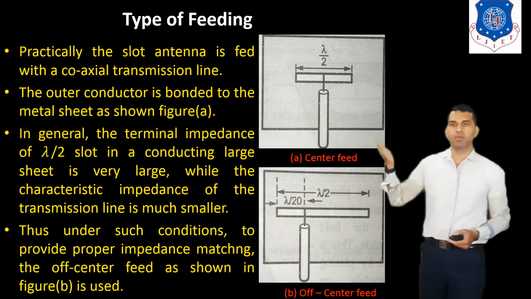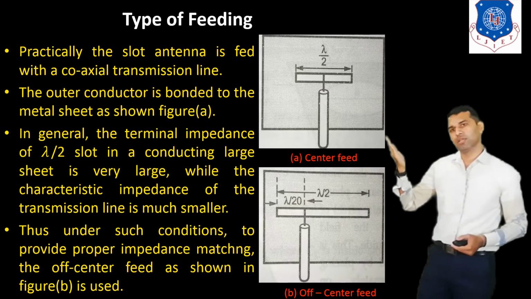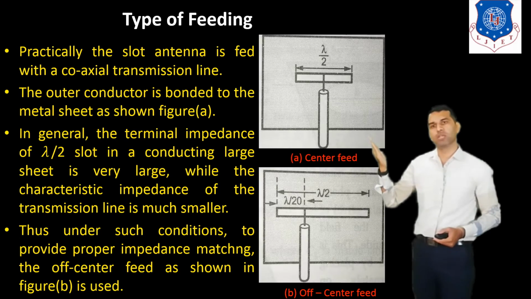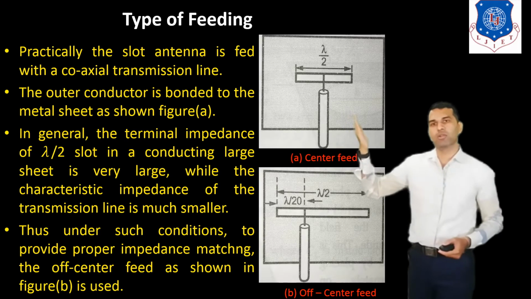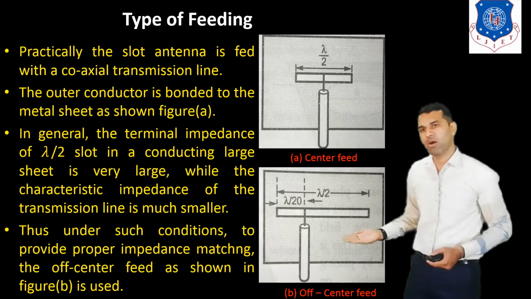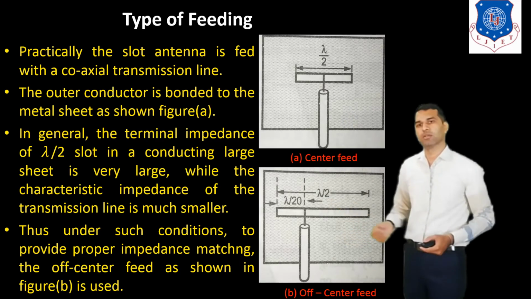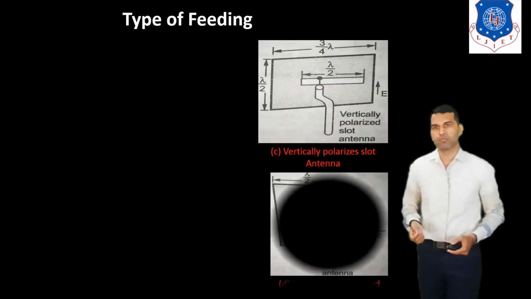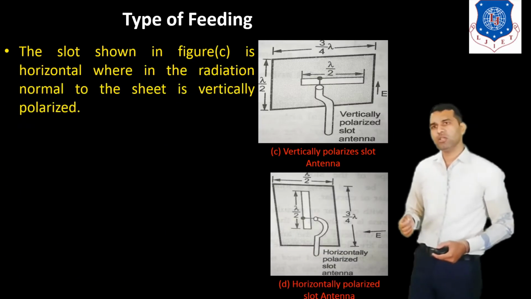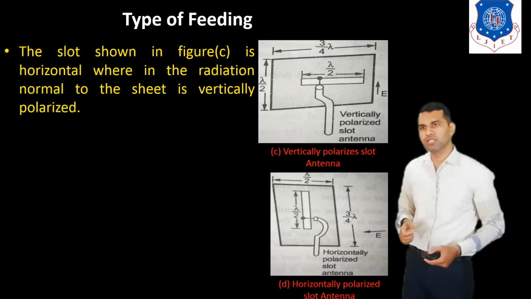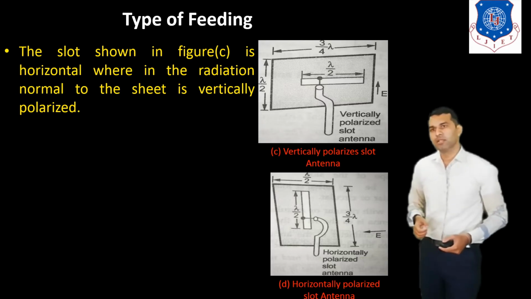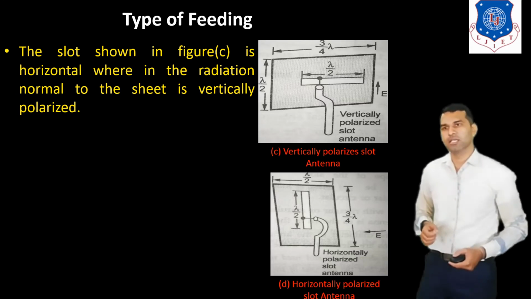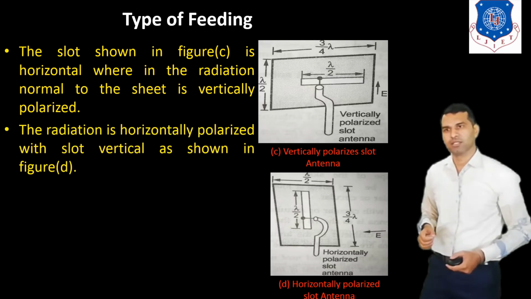This is the center feed method. Here in this method we give the input supply, that means the transmission line, at the center, and this is the offset feed we have given in the feeding system. Now the slot shown in figure C is horizontal, where the radiation normal to the sheet is vertically polarized.